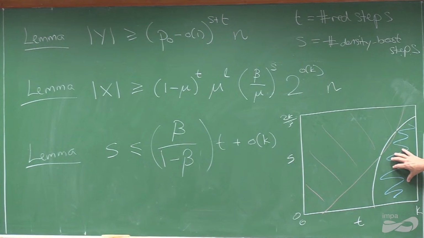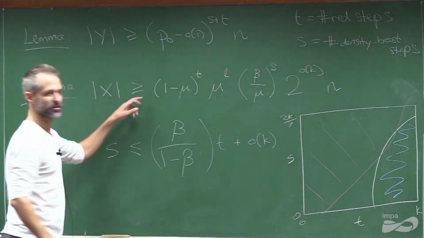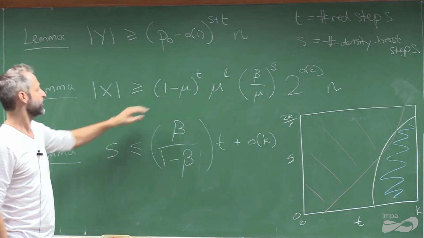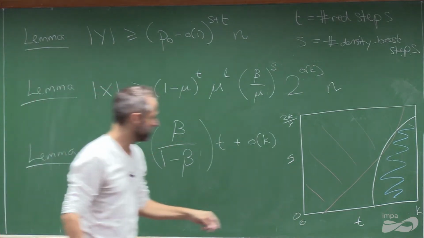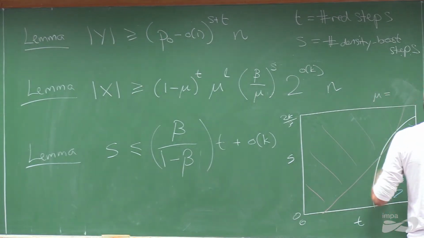The blue is where these three inequalities guarantee you're going to end up. You don't know where, but you can guarantee you end up somewhere in the blue, right? Because whatever beta the enemy gives you, that corresponds to a certain size of t for a particular mu. So this is a picture with mu equals, as it turns out, 2/5.